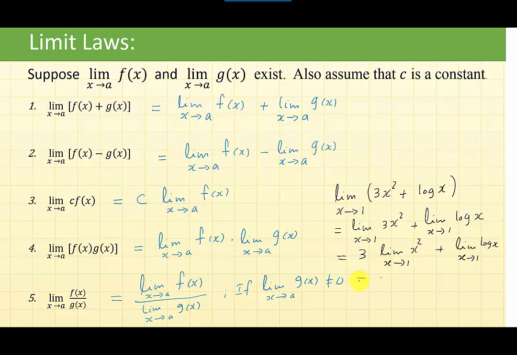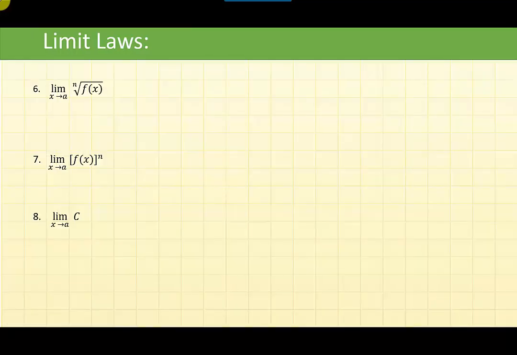Now as x approaches 1, x squared approaches 1. So you get 3 times 1 plus, as x approaches 1, the log of 1 equals 0, so this approaches 0. So you get 3. In this example we actually used the first 3 laws.